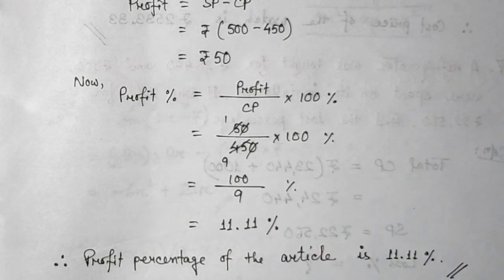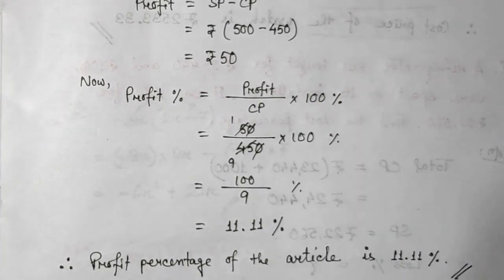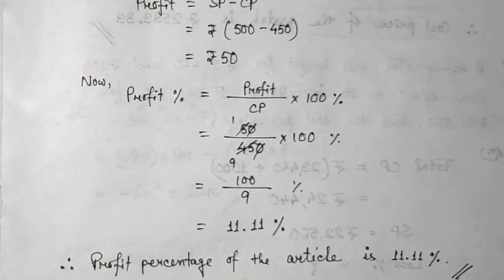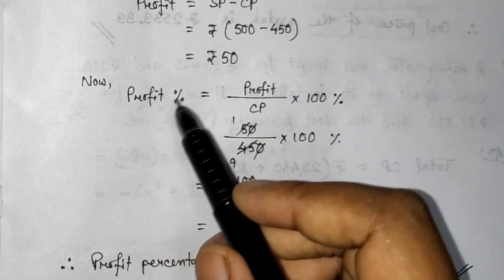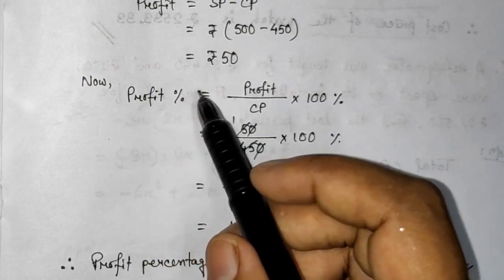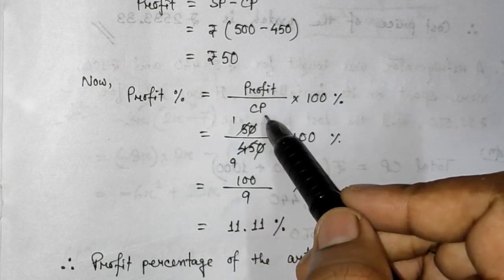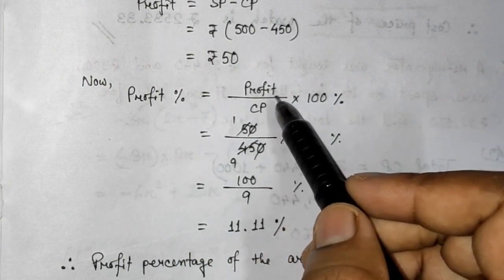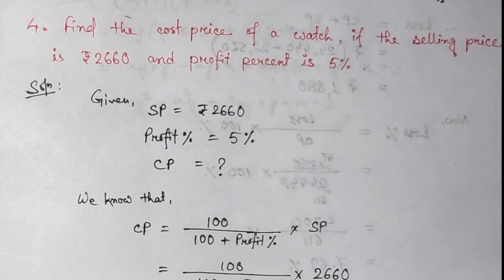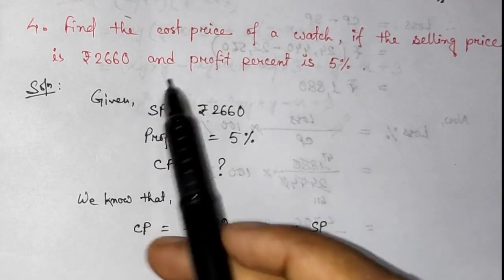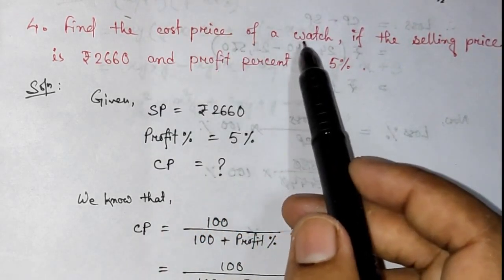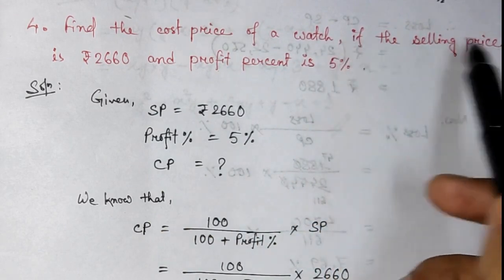Therefore, write: profit percent of the article is 11.11%. You have to remember profit percent and loss percent we always calculate on cost price, CP.